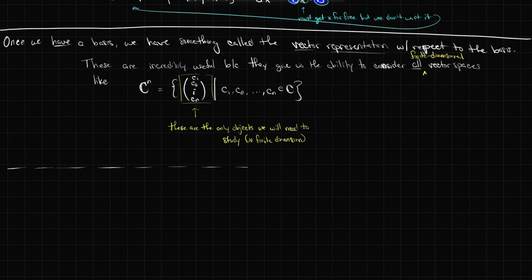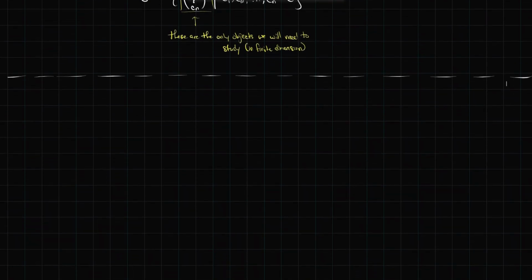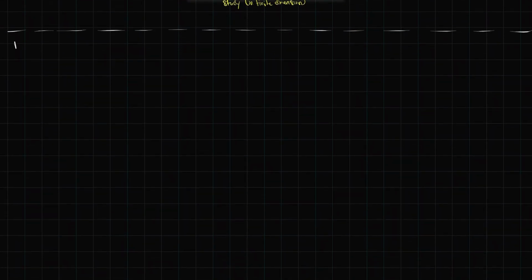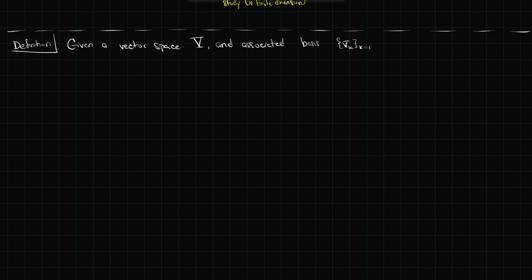So let's do it. Let's construct a vector representation. See how it's defined. So I'll say definition. Given a vector space V and associated basis vk, k equals 1 to n, the vector representation of any vector, and I'll use w inside of this space.